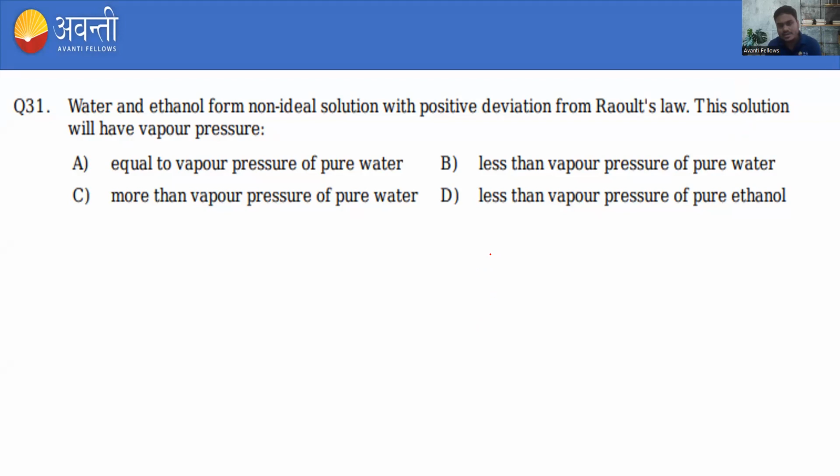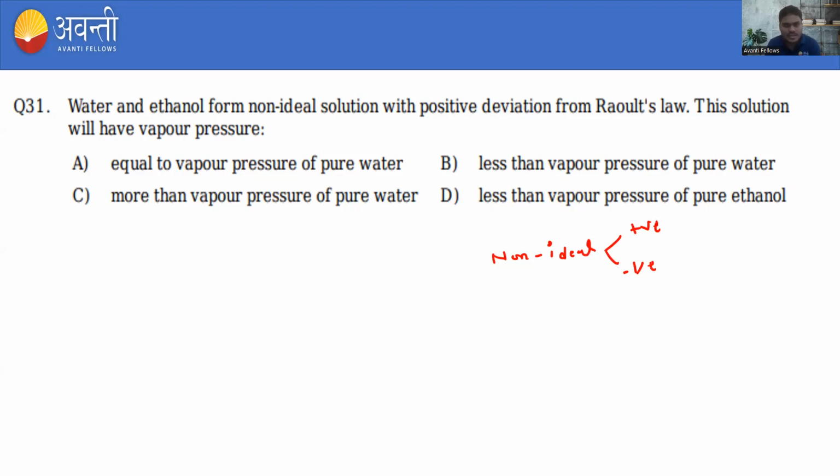Non-ideal solutions are those solutions which do not obey Raoult's law. There are two types: either they show positive deviation, or they show negative deviation.